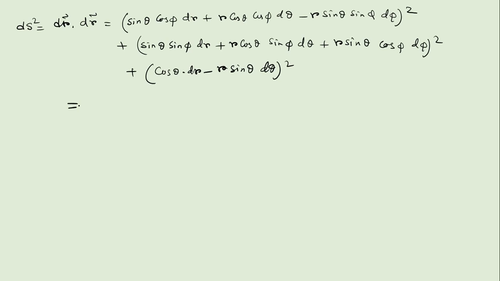Okay. If you square this, it gives you sin square theta dr square, and this cos square theta dr square, which together gives you dr square, right?